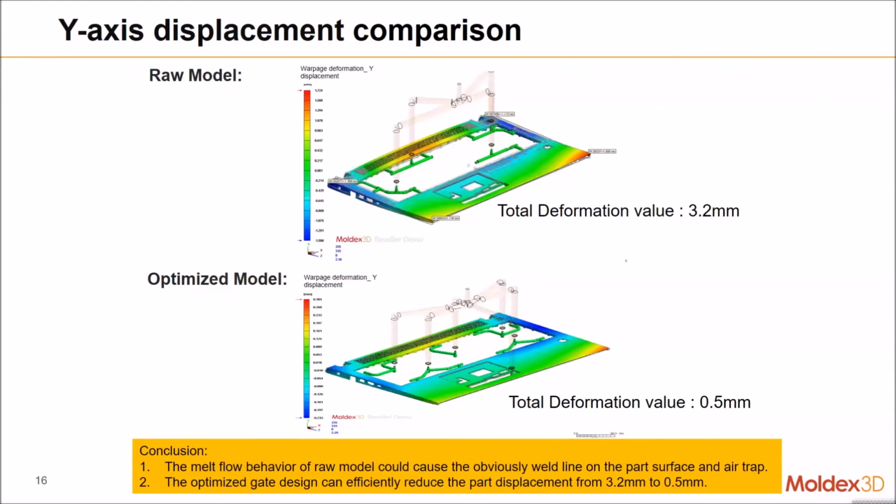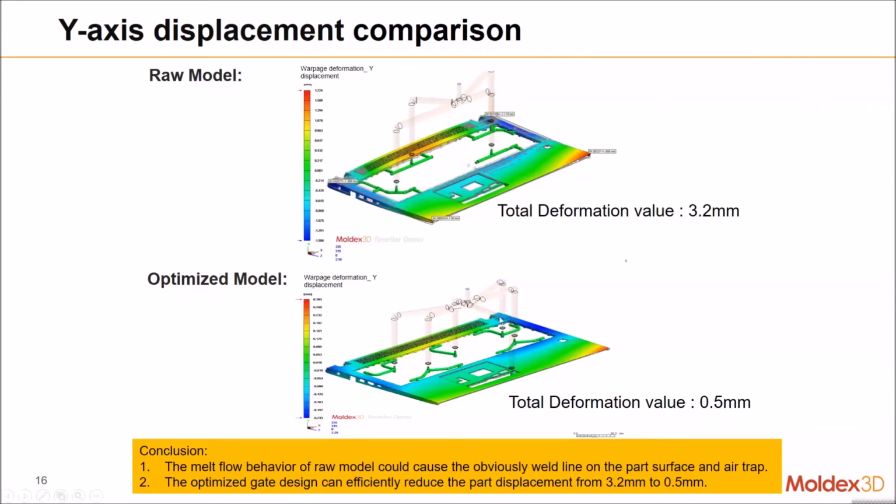Because I cannot show you the practical product, in the practical product, the results show a very obvious weld line in the raw model. But after we change our gate design, the weld line is decreased, it doesn't show the air trap on our part surface, and it also improves our warpage problem.